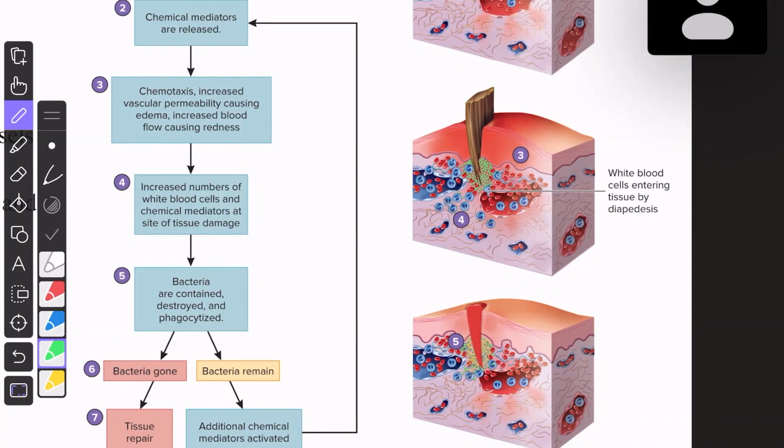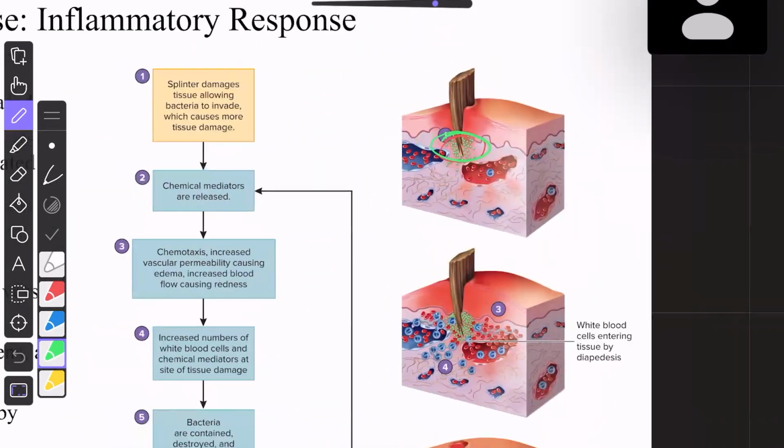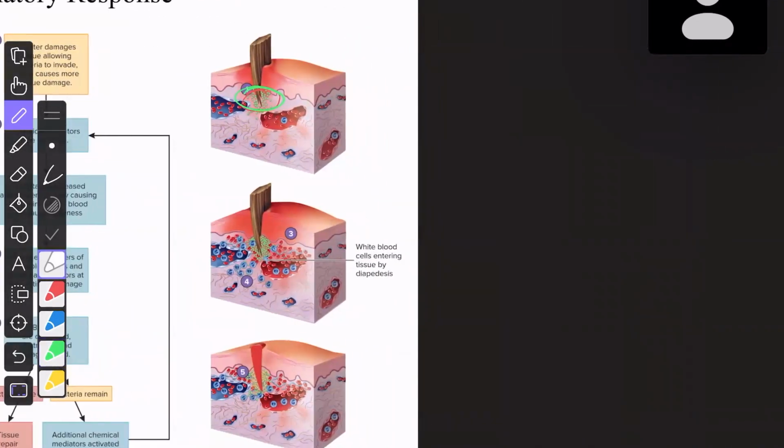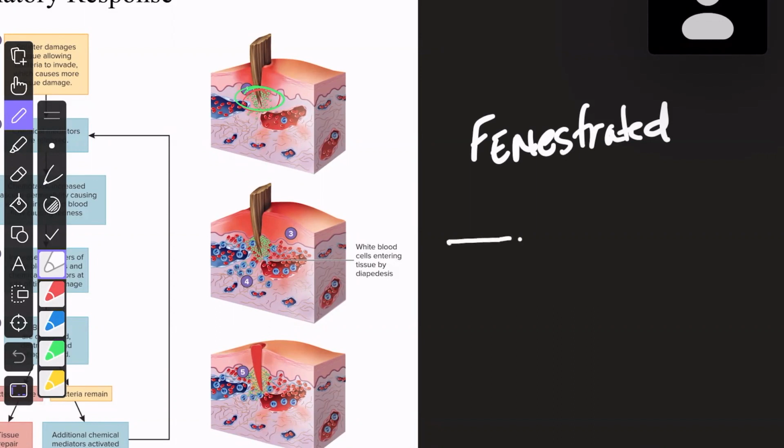So the reason for that is that these particular vessels are capillaries, okay? And specifically, they are something called fenestrated capillaries, okay? What that means is that along the edge of the capillary, there are little spaces.